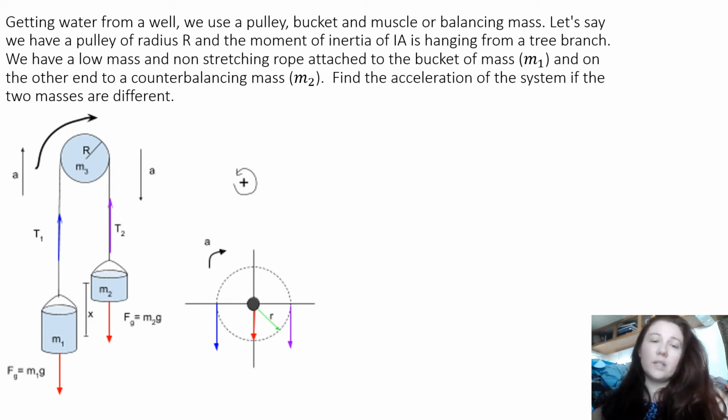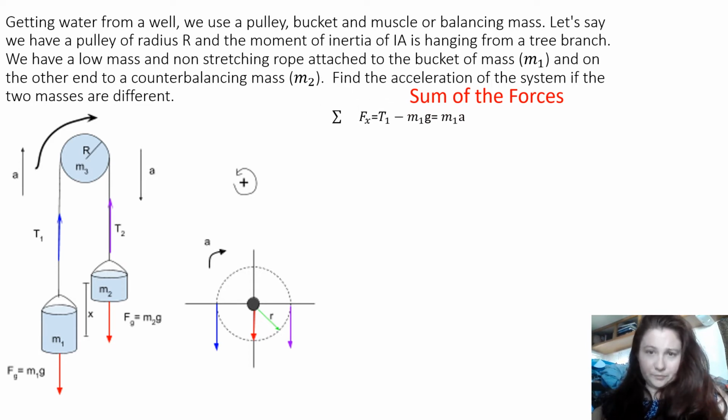Okay, so the first thing that we're going to do for this problem is we're going to consider the sum of the forces. For mass 1, we have tension 1, and then we subtract mass 1 times g.